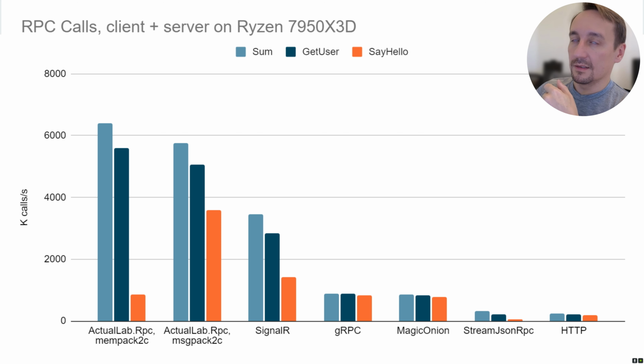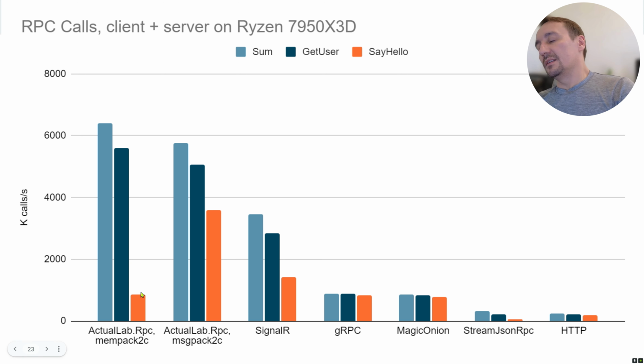I think it's 6.5 million calls currently at peak for the small calls. And for the larger ones, it's still about 4 million calls.